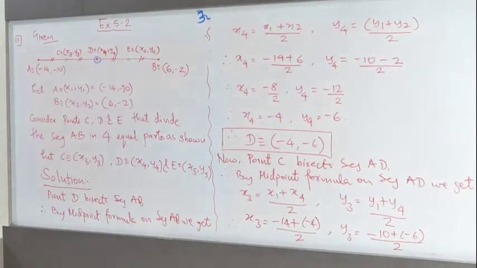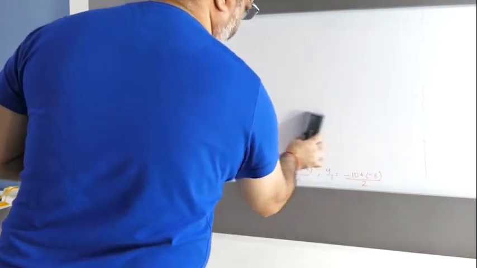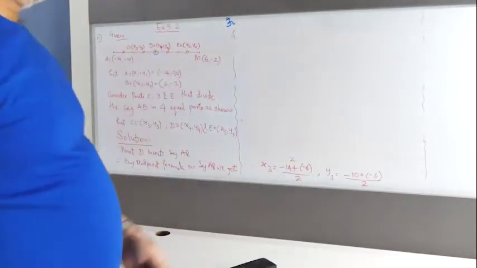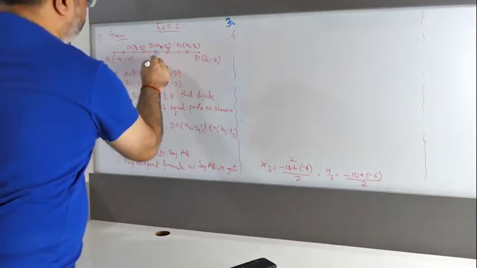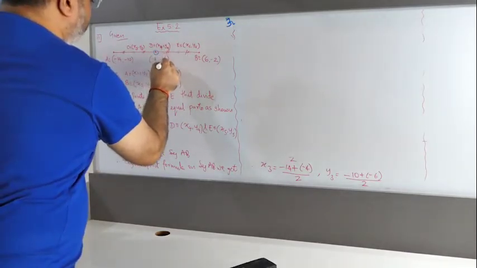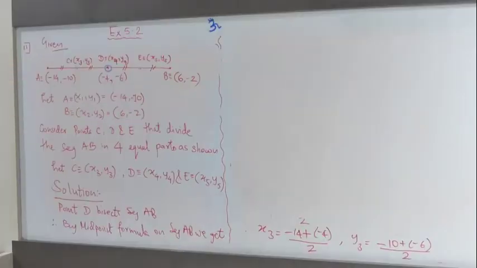Okay. Now what happens? So copy down this much and then I can rub it out and continue further. So this is what I have, and the point D which I got is minus 4 and minus 6, right? This is what I got, so I will write it as it is.